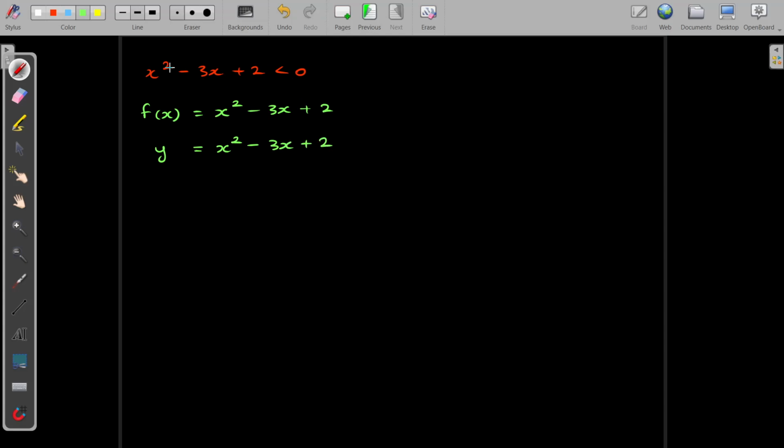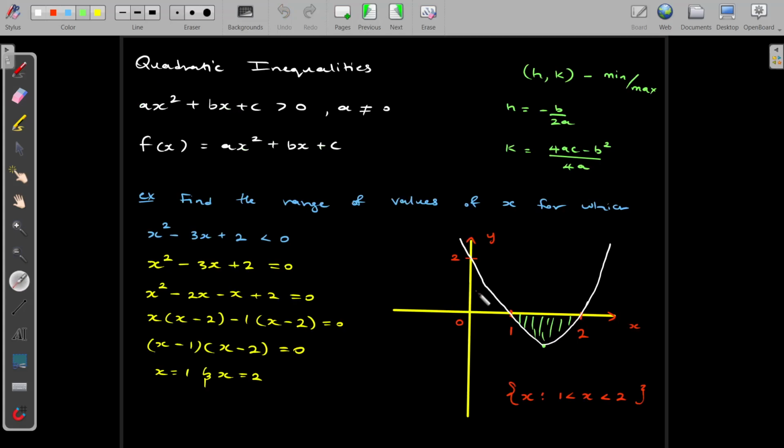So what this is saying to us is that we're looking for the region where y is less than 0. So looking back at the graph, this is the y-axis and this is the 0, the point where y is equal to 0. So all values below here would have a value, so -1, -2, -3, and so on.